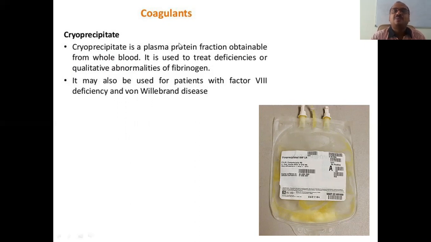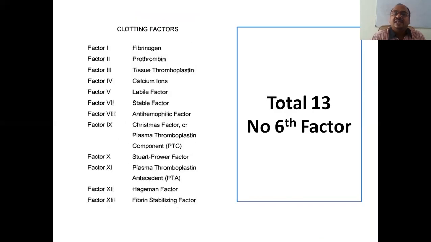Cryoprecipitate is a plasma protein that reduces the blood temperature and immediately makes it clot. That is just one point, keep in mind. It clots the blood by reducing the temperature of the blood. That's enough. And see here, that completes the coagulants.